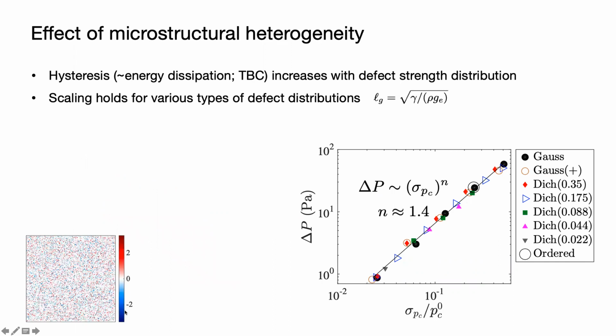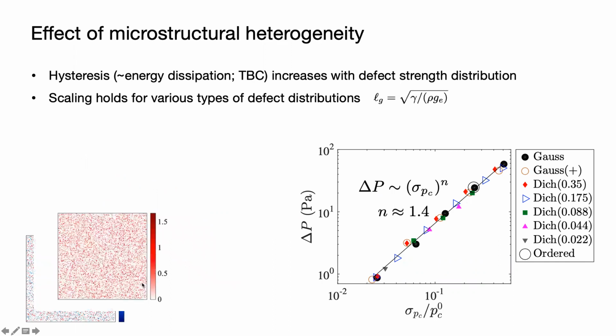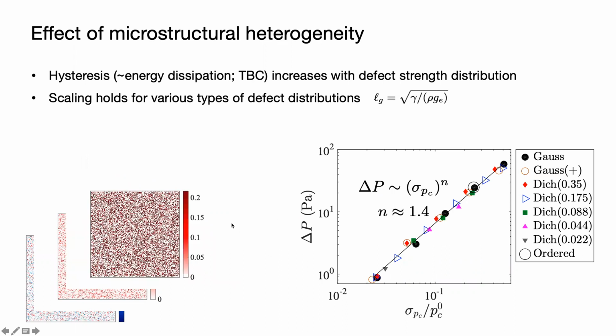This is between a positive and negative Gaussian distribution. We can get a positive Gaussian, just truncating the positive side; again, these will be the open circles. You can get dichotomic, just between a value and zero. So all of them are at this maximum value. So you only have zero and this value. And all of those are at 35% occupancy, coverage of the cell by defects.